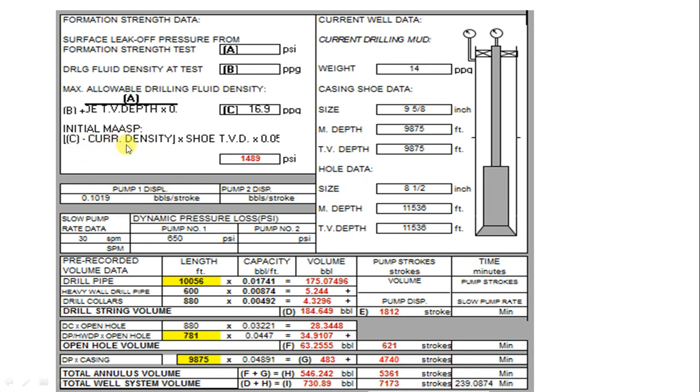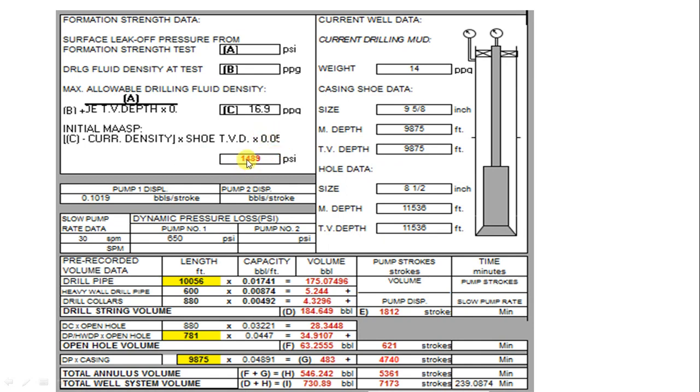So you will put 16.9 minus 14 multiplied by the shoe true vertical depth, 98.75, multiplied by 0.052.